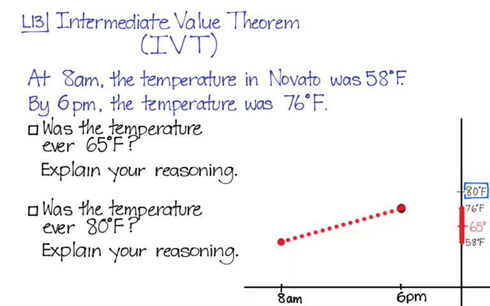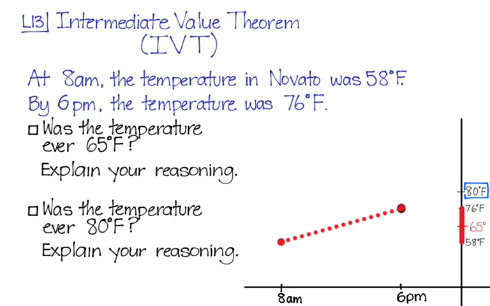Well, from our original information here, this is all we knew before I showed you that graph, we can see that yes, it was sometimes 65 degrees because it has to hit all of the temperatures between 58 and 76. But from just this information given, I cannot determine if it was ever 80 degrees Fahrenheit.